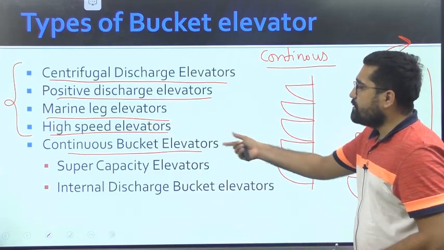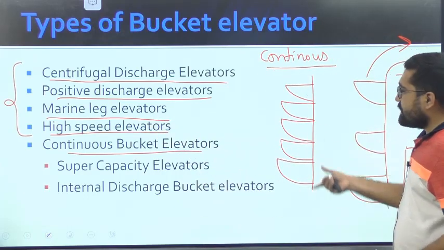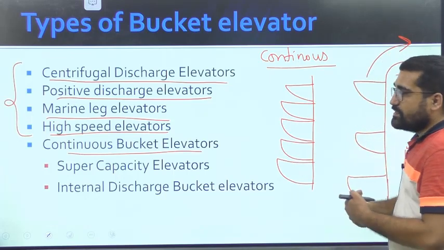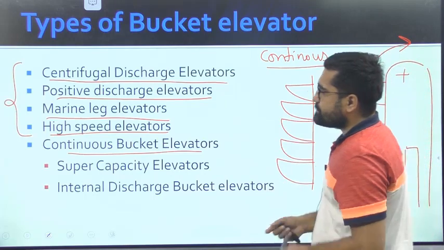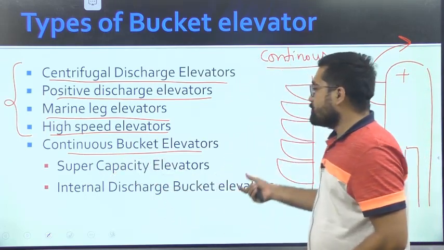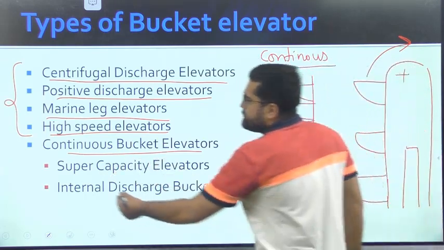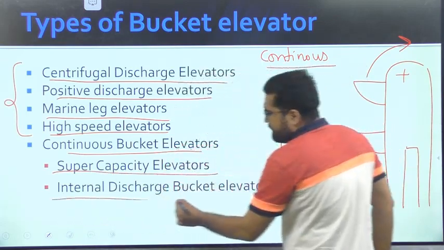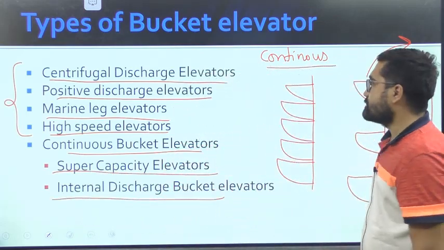So the continuous bucket elevators are the elevators in which buckets are placed continuously without proper space. In that also there are two types of elevators. One is super capacity elevators and another one is internal discharge bucket elevators.